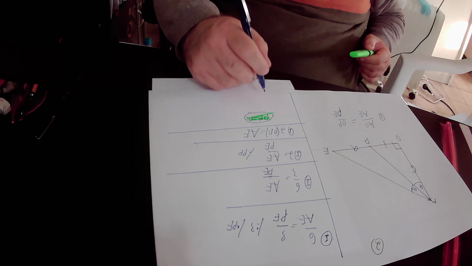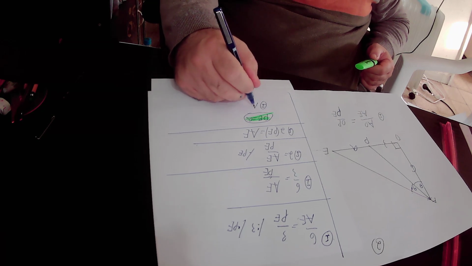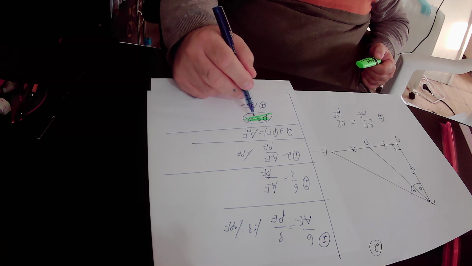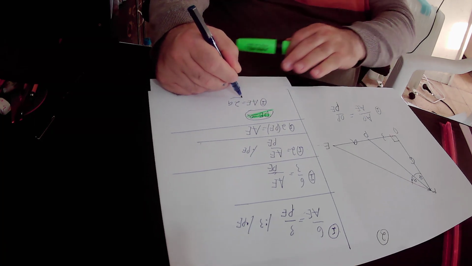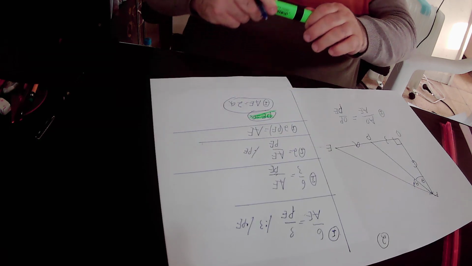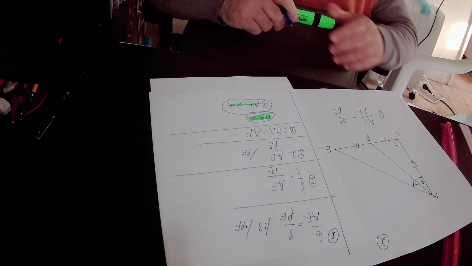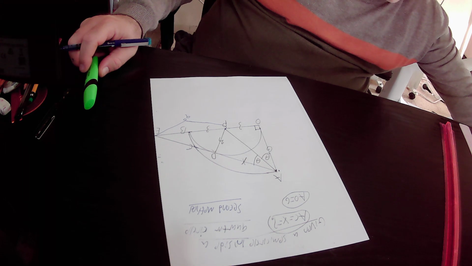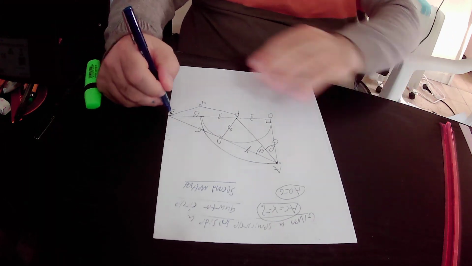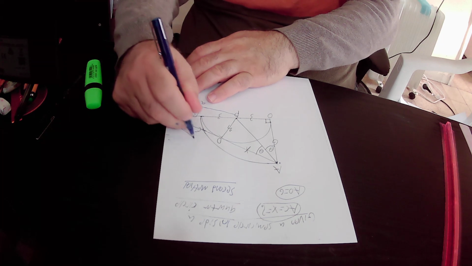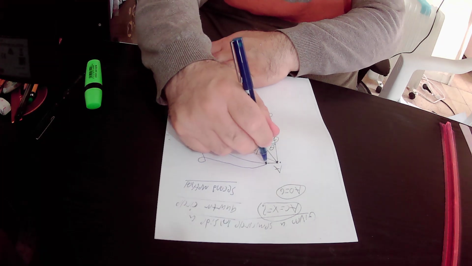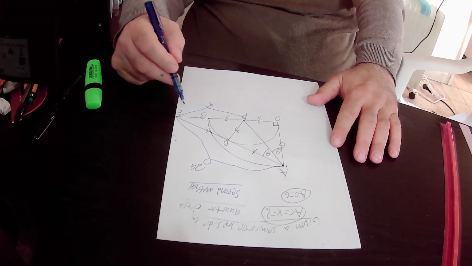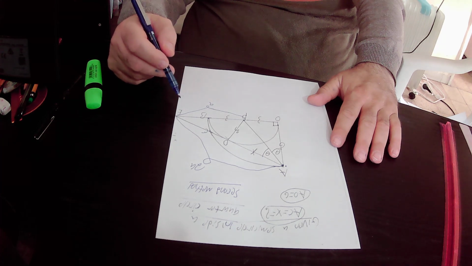So from equation number 1, we will get that AE equals 2 times PE, and PE is A, so AE equals 2A. So we can write here that line segment AE equals 2A, while line segment PE equals A according to our definition.